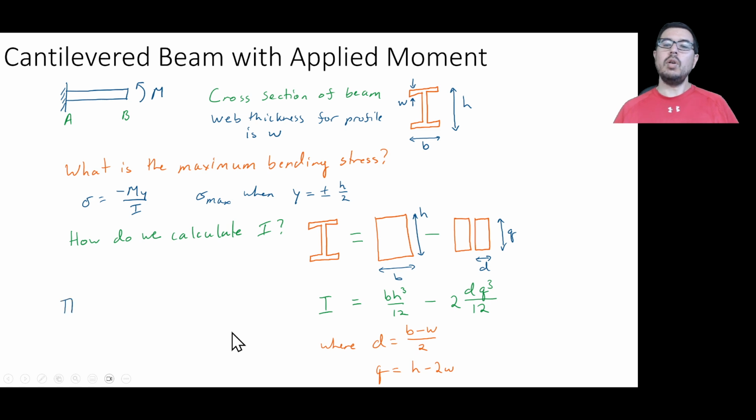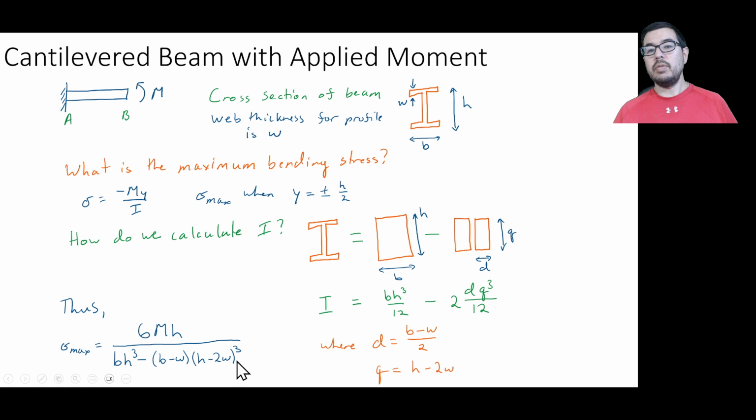If we go through this calculation, we see that sigma max is equal to 6 times this bending moment, that's constant across the entire beam. And we have the calculation of y and of these terms right here. y was h over 2, and I was this big equation over here.